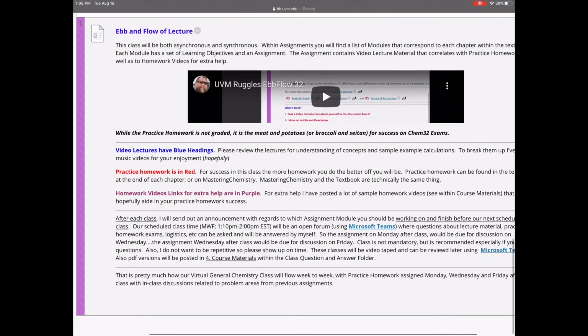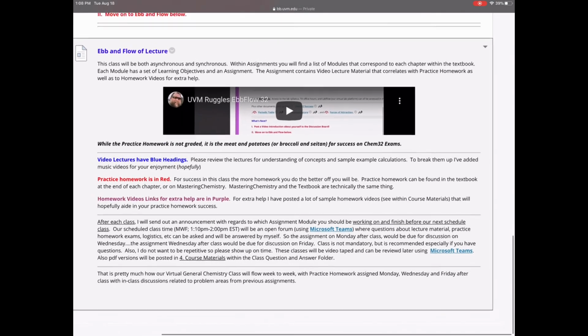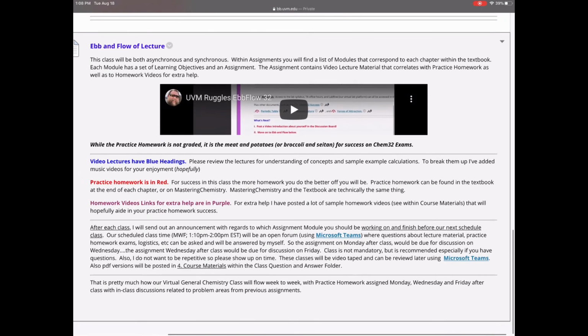As far as our ebb and flow in class, basically before each class, or you could say after each class, there's going to be an assignment. And that assignment's going to be detailed through the announcements as far as the particular module and the particular lecture and practice homework that you need to do for the next class.